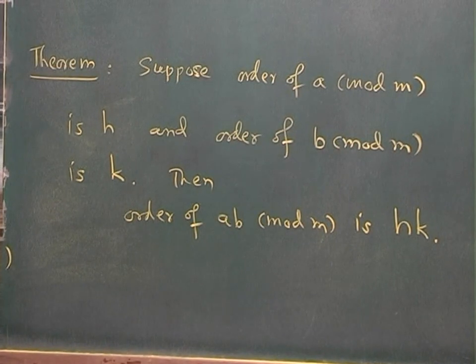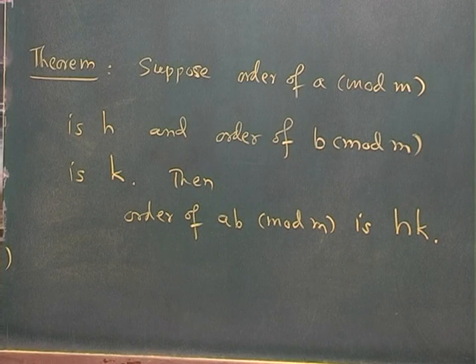For example, if you have an element of order 2, and another element of order 3, then the product will be of order 6.